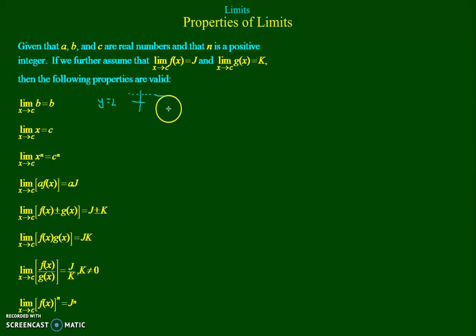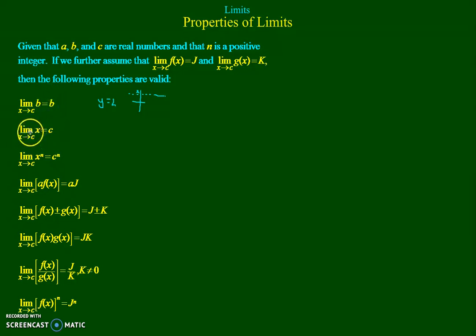So no matter what your x value is, this function is always going to equal 2, because the y value is 2 up here. So the limit as x approaches c of y equals 2 is always 2. So whatever b is, that's the limit.